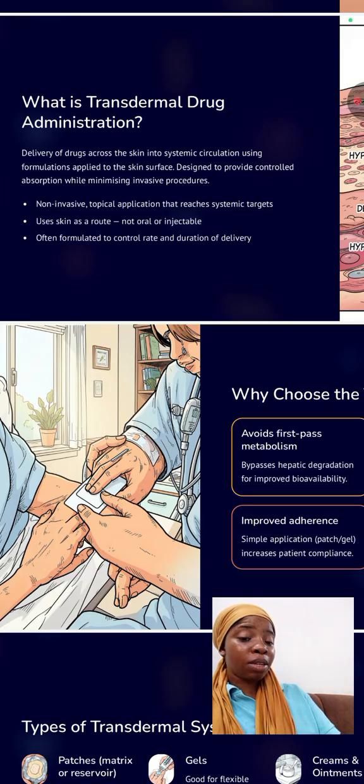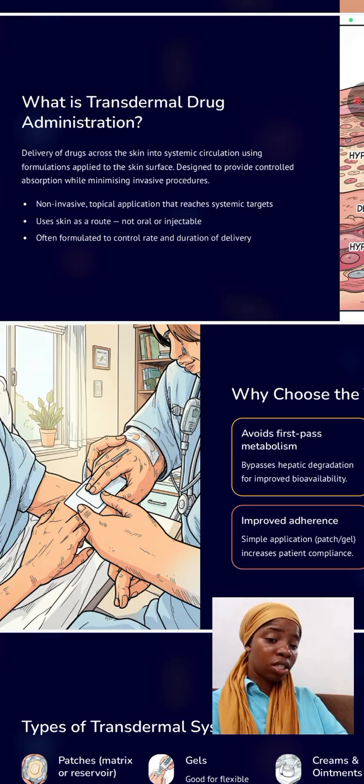When we talk about systemic targets, we talk about the systems within the body. Two, it uses the skin as a route. How does it use the skin as a route? Not oral or injectable.